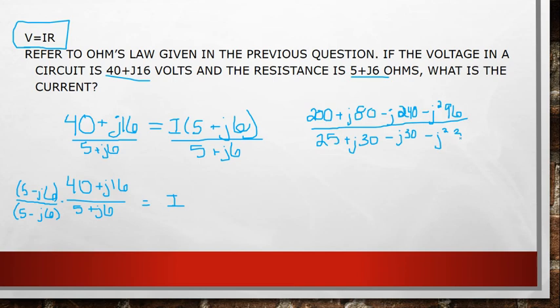And then remember again that j squared equals negative 1, so I'm going to go ahead and substitute that in. Then combine like terms in the denominator, so I have a 25. j30 minus j30 cancels each other out. Then I still have my minus j squared, remember, is negative 1 times 36.